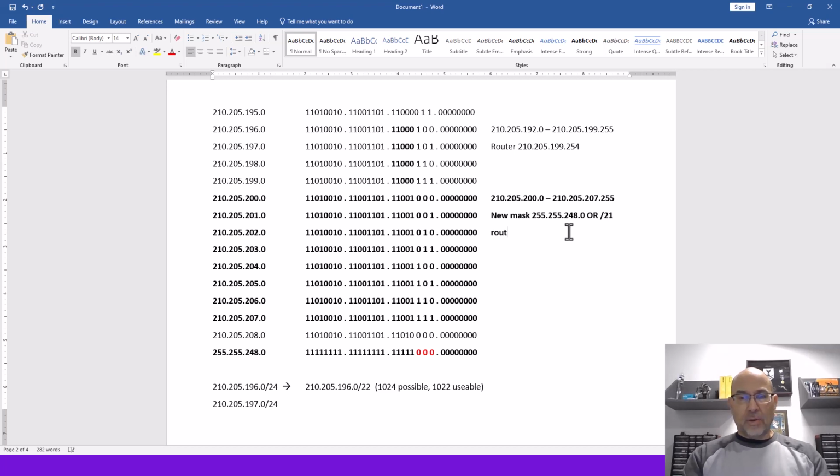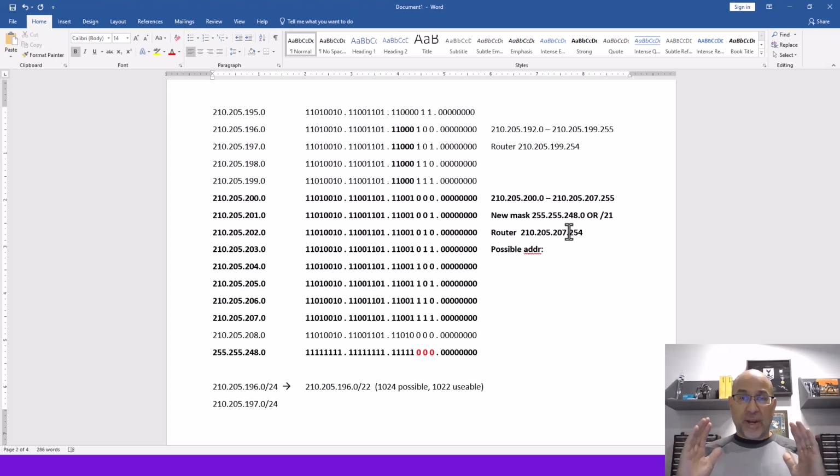A router, you can probably guess, would sit at the highest usable, so we would say 210.205.207.254.